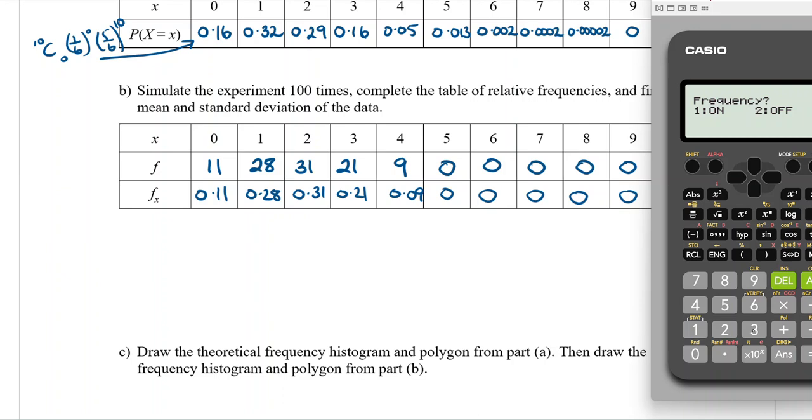Standard deviation. I got 1.13. Did it round? Maybe I didn't round it. That's close. So 1 to turn the frequency column on. Try this calculator because I think that's a different model. No, there was no Shift 2.